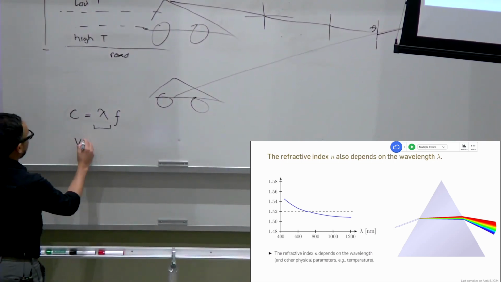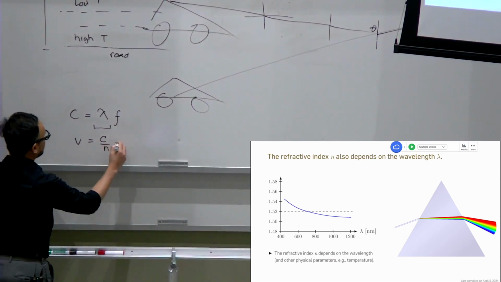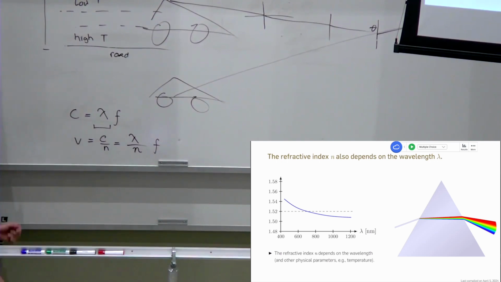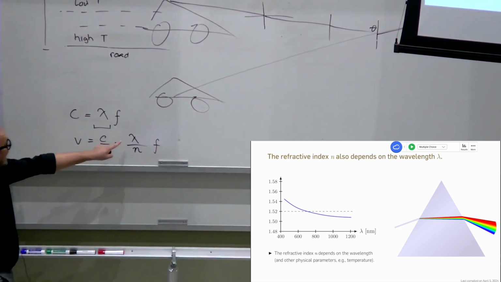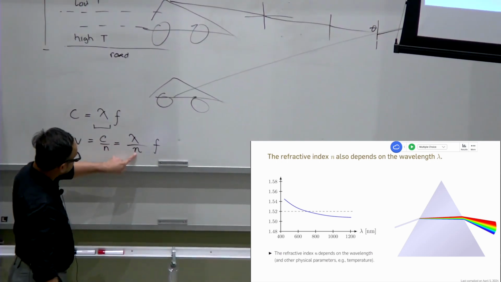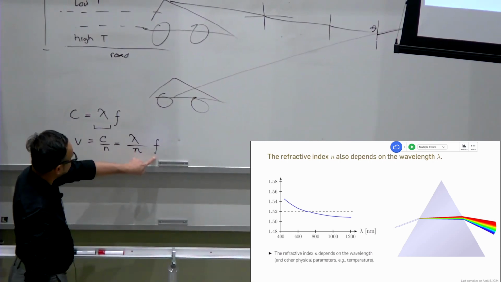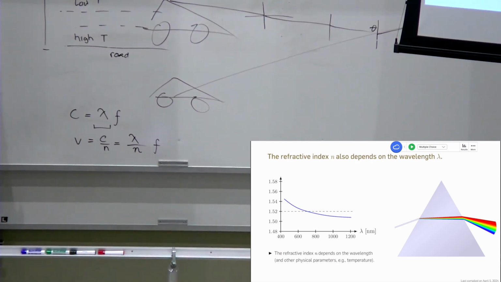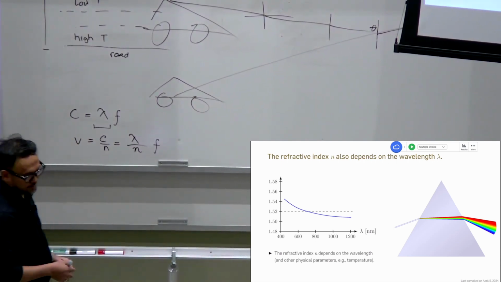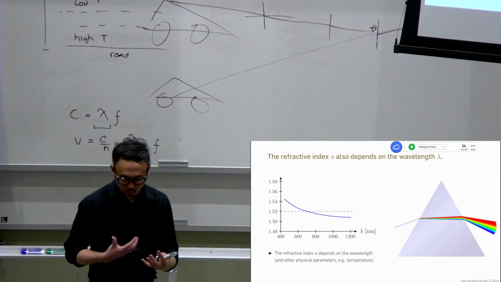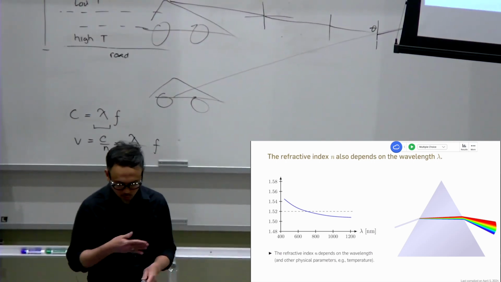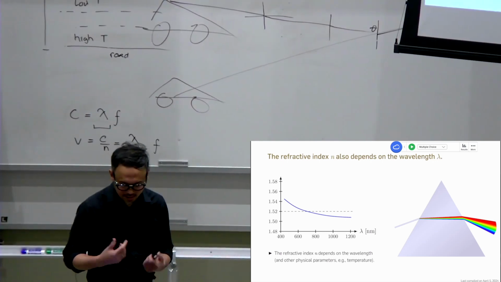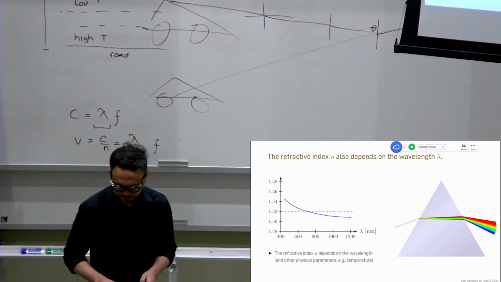So in a material, v equals c divided by n, which equals lambda, the wavelength, divided by n, times frequency. Because of that, when light chooses the path with the least time, it gets affected by the speed.